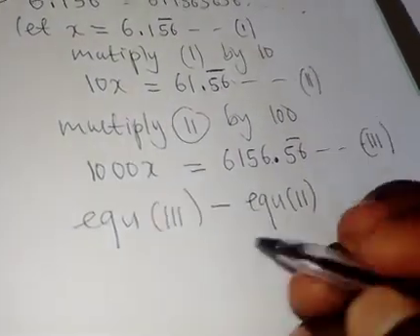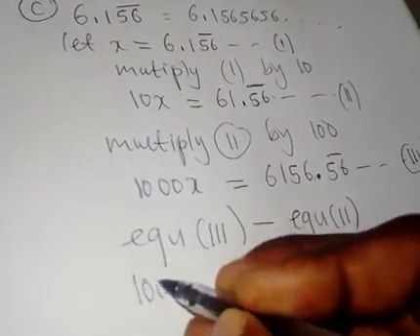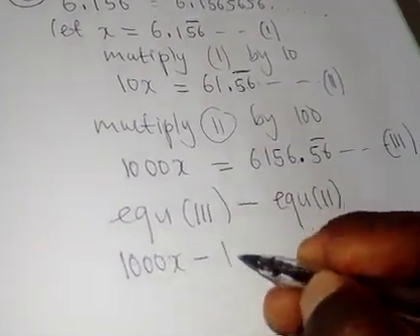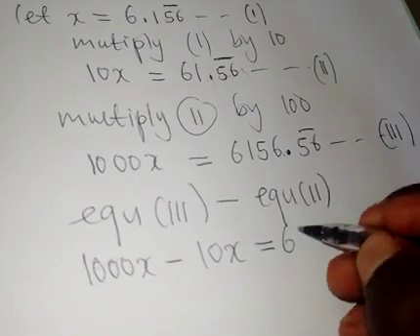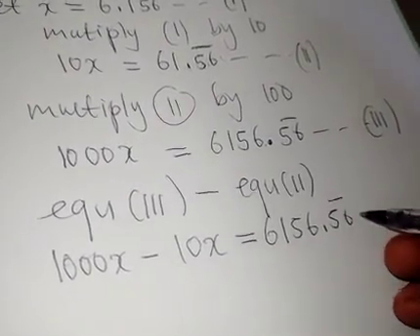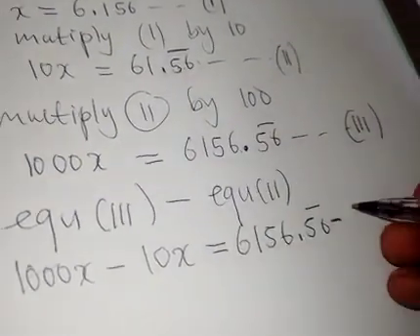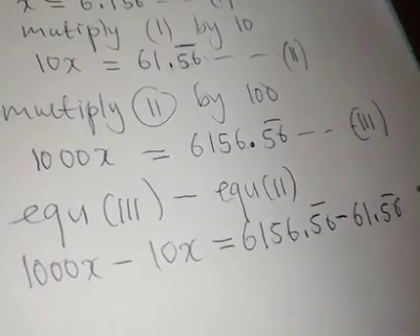equation 2. So subtracting the two equations, we have 1000x minus 10x being equal to 6156.56 minus 61.56. Subtract the 2.